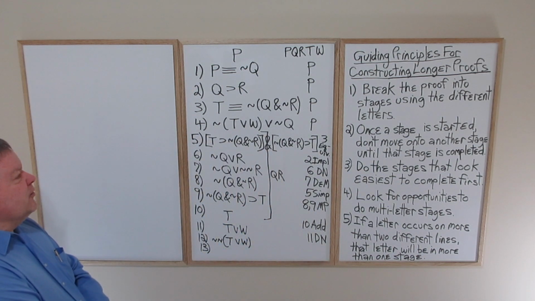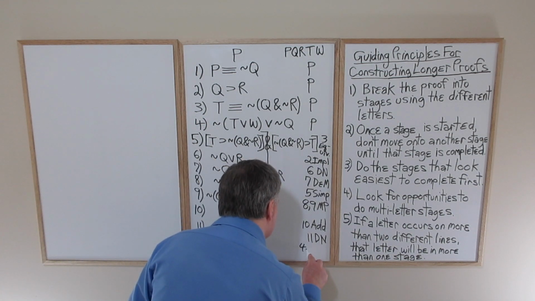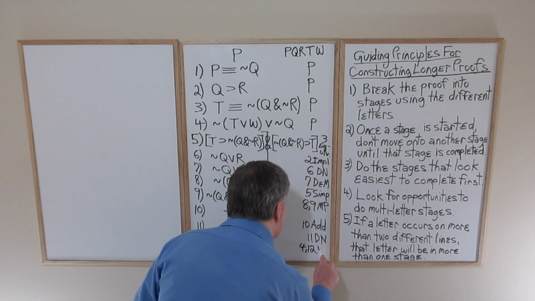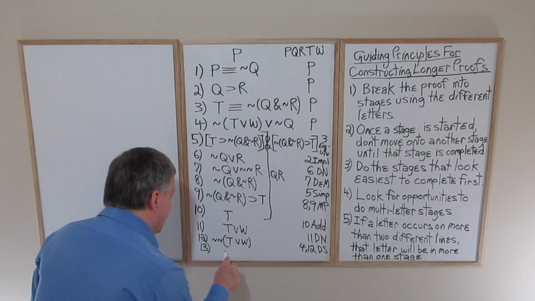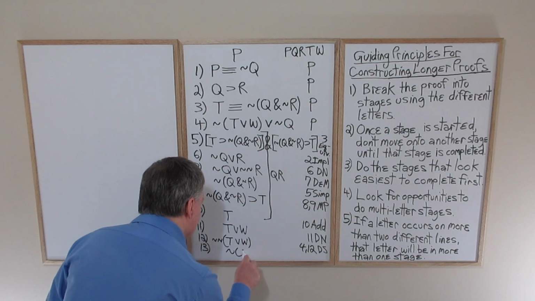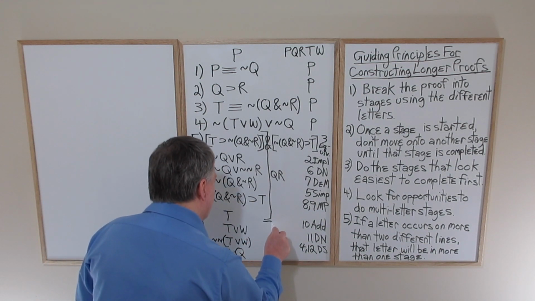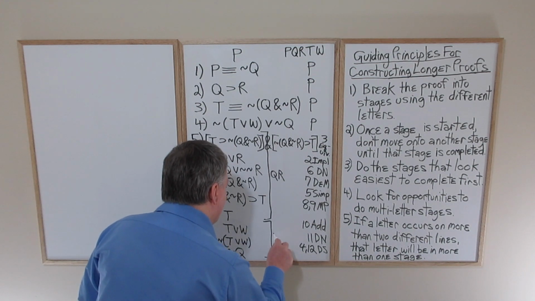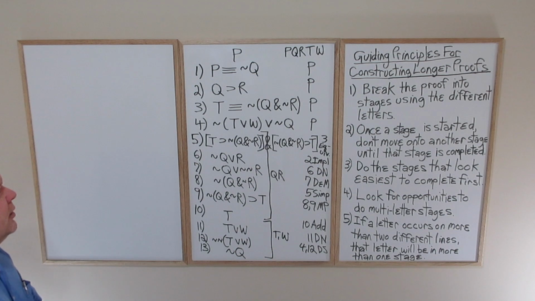Now we can end off the stage with 4 and 12, disjunctive syllogism, which will give us the right disjunct, tilde Q. So that's the T and W stage.